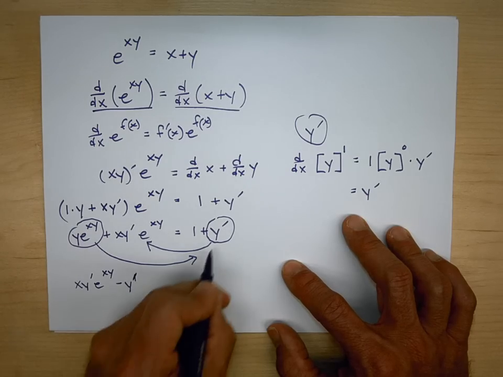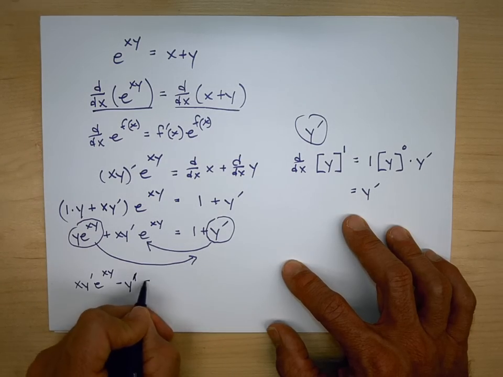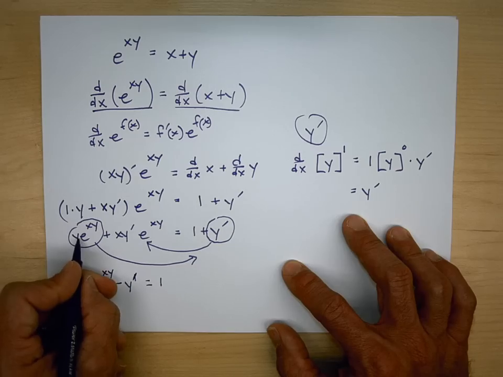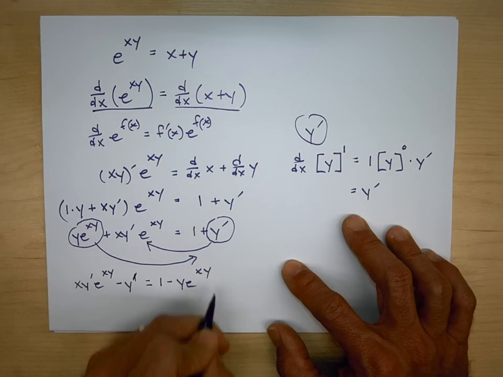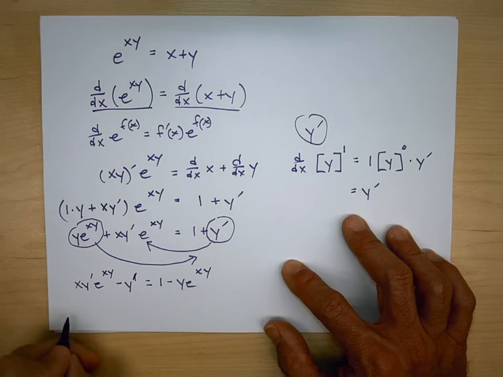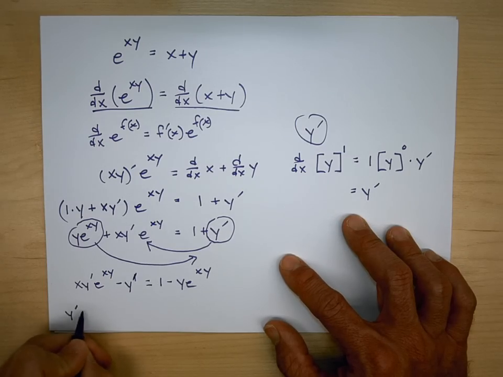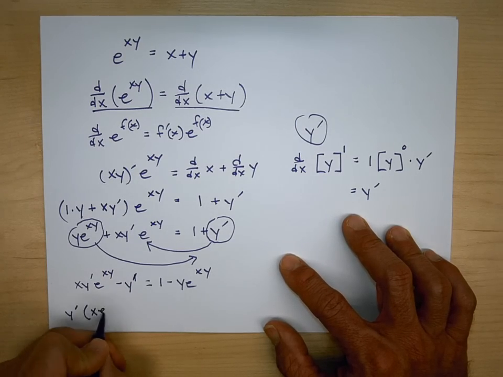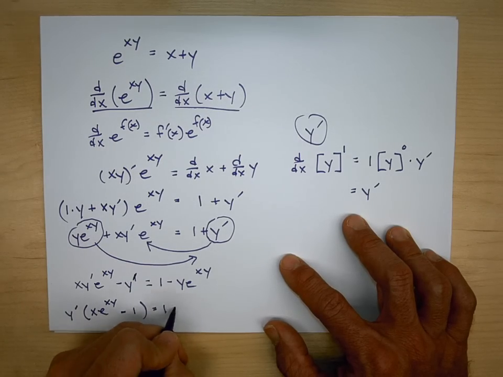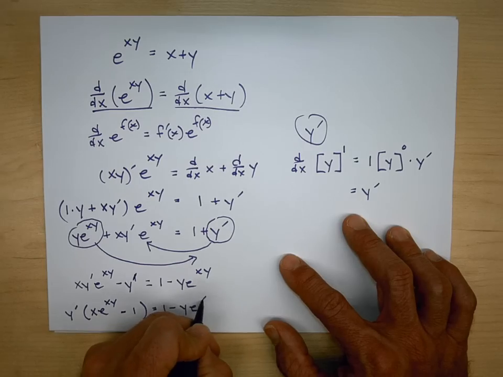Okay, because I subtracted that from both sides. And then that's going to equal 1, and I'm subtracting this from both sides, so 1 minus y e to the xy. Now here I need to factor out the y prime. So if I take a y prime out, I'm left with x e to the xy minus 1, equals 1 minus y e to the xy.